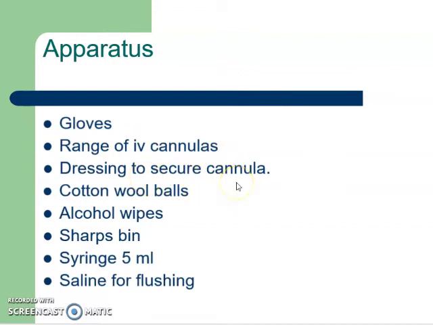Then dressing to secure the cannula, cotton balls to wipe out any blood or fluid, then alcohol wipes, that is to prep the skin at the site of the cannulation, then a sharps bin to dispose of the needle, syringe 5 or 10 ml to fill saline for flushing.